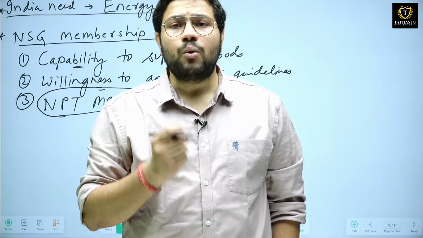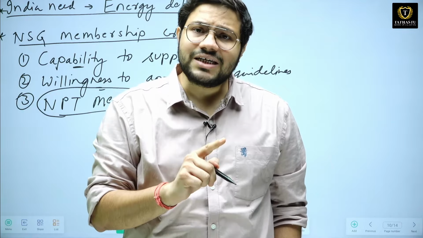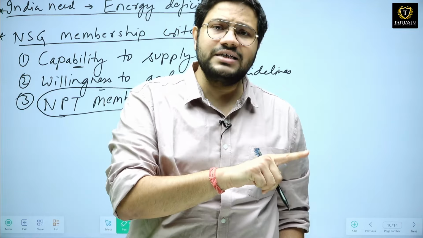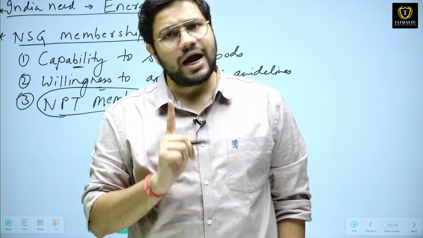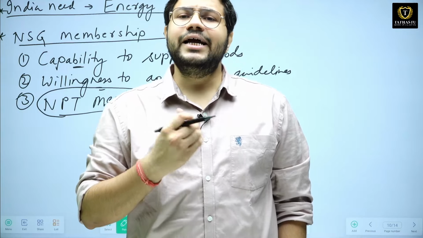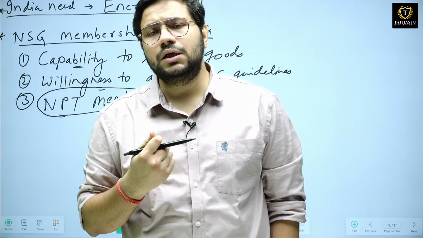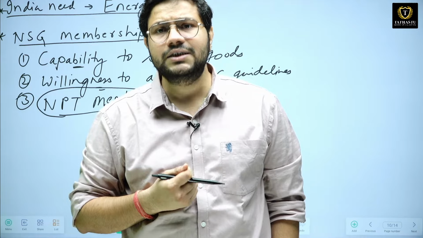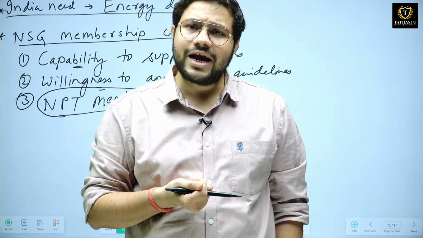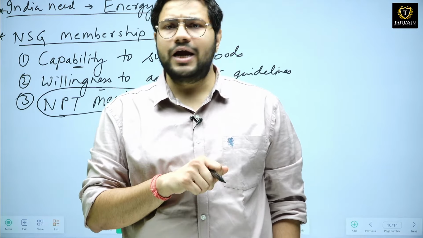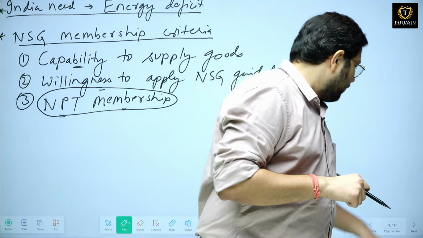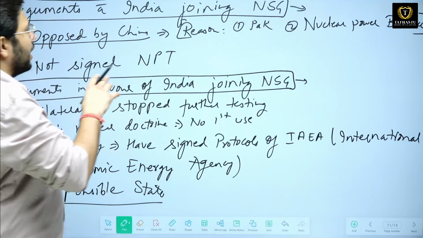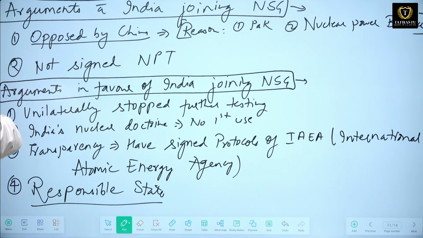Yes, there is. France is one such country which has joined the NSG but has not joined the NPT. So on that line, India could also ask the world leaders to allow India to join the NSG without joining the NPT.